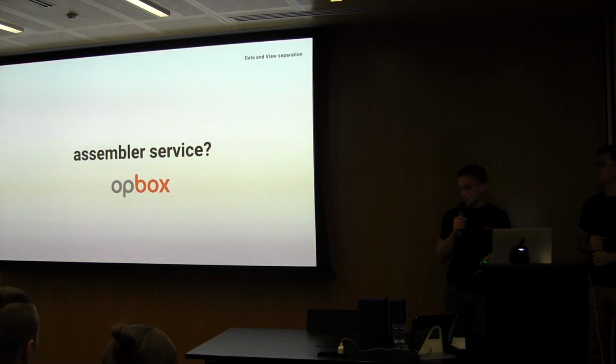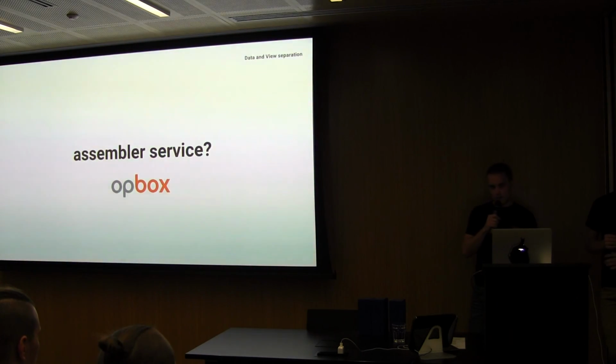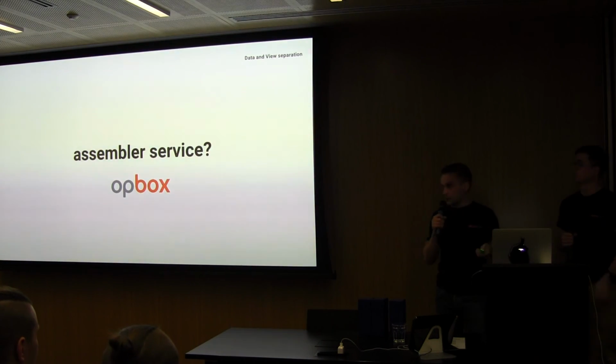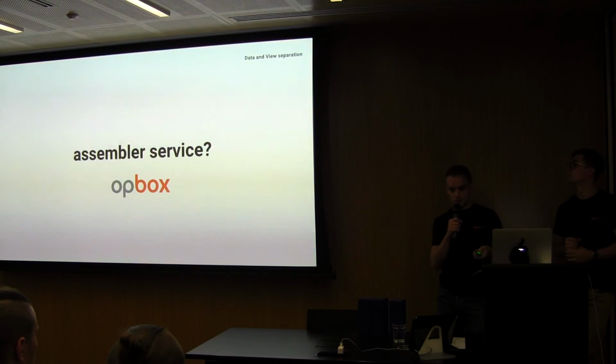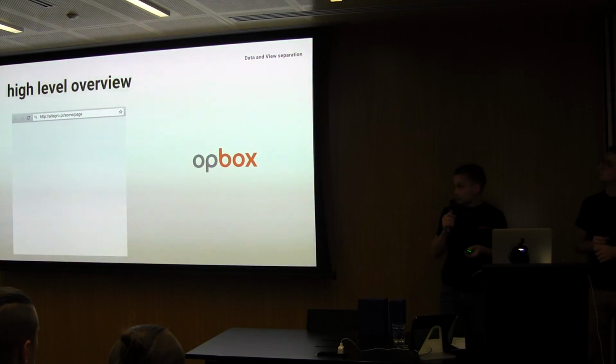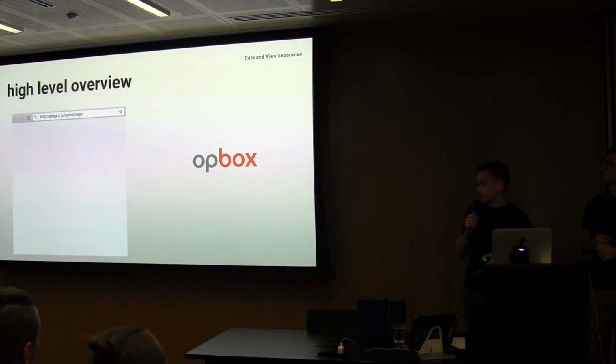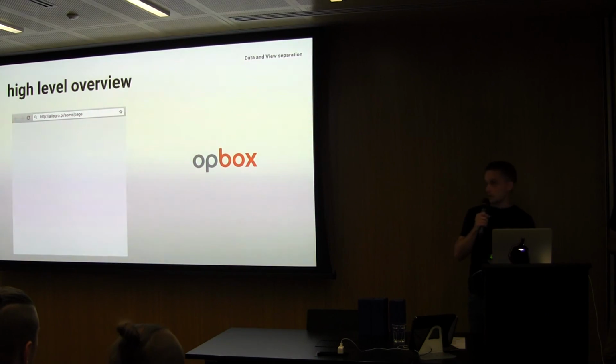And in our case, the page assembler service is Opbox. Its responsibility is to gather all the data from the backend microservices and integrate them into a single user experience for a user. And to do so, it has to know what the user should see after typing the URL in the browser bar.